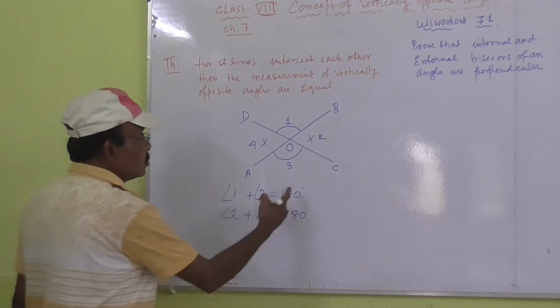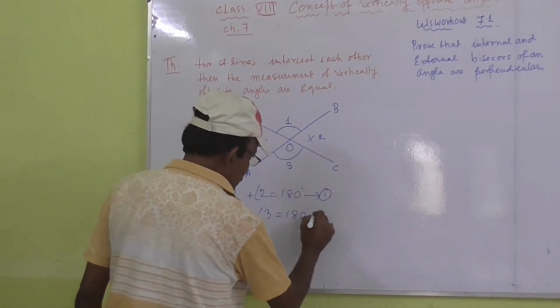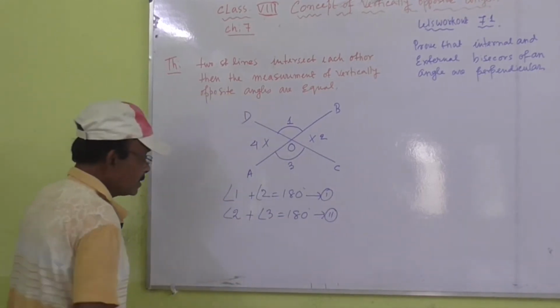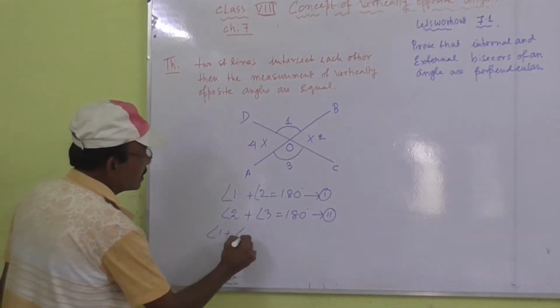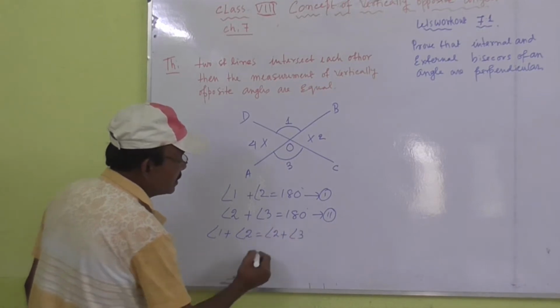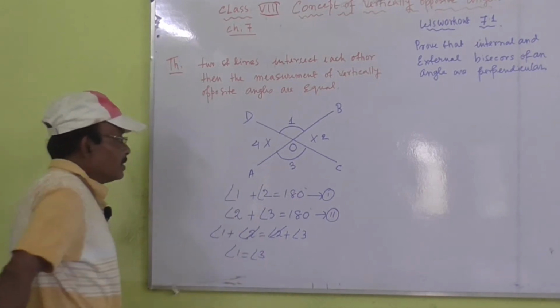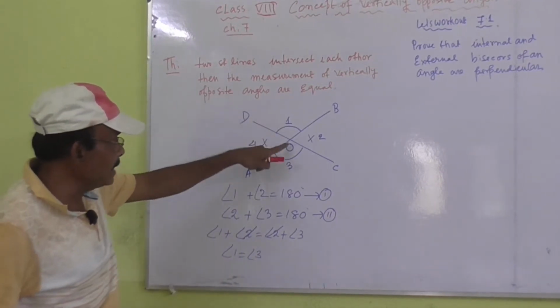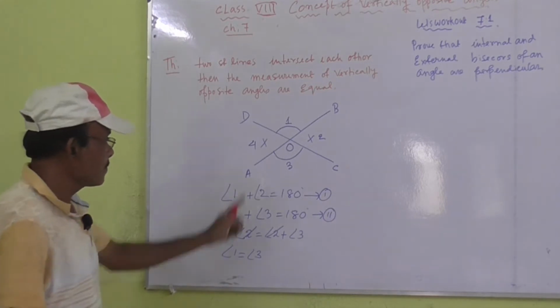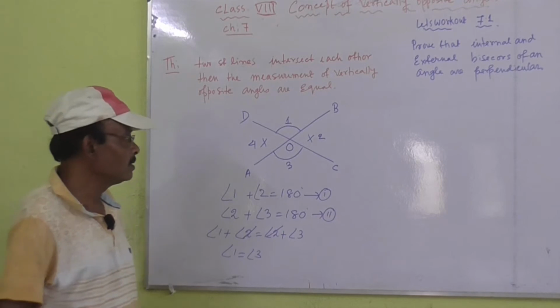Clear? So from these two we can write angle 1 plus angle 2 equal to angle 2 plus angle 3. Cancel this, angle 1 equal to angle 3. That means angle DOB and angle AOC are equal.